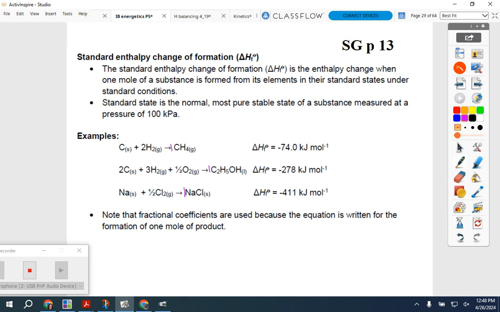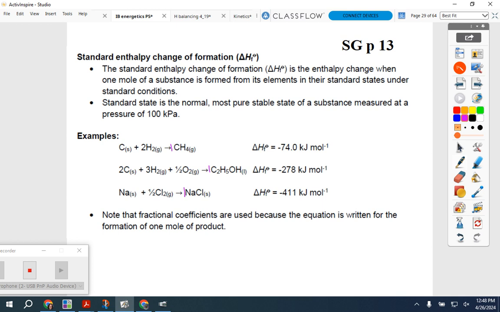Which means if I have coefficients for this equation that are 4C, 6H2, 1O2, and 2 ethanols, I'm going to divide all those by 2 to make sure that my ethanol is only 1 mole. And that's going to give me half of an O2 molecule.